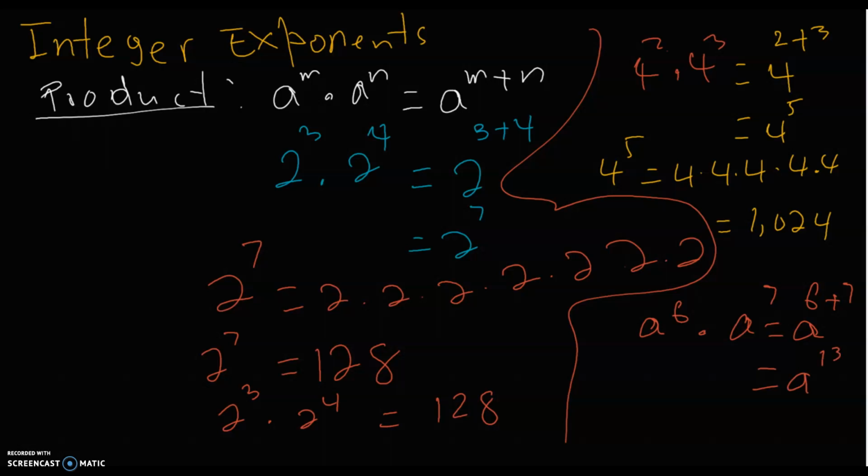Alright, so now let's use another example where we will apply the power of a power. Okay, and I want you to pay attention with that. I need everybody to pay attention.